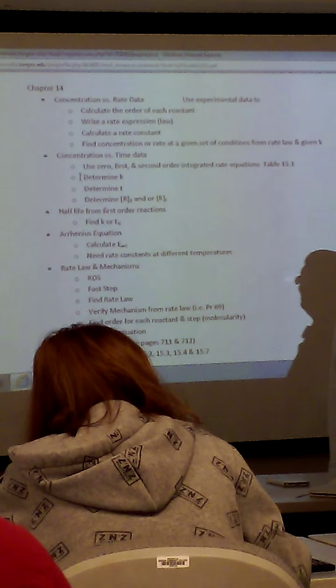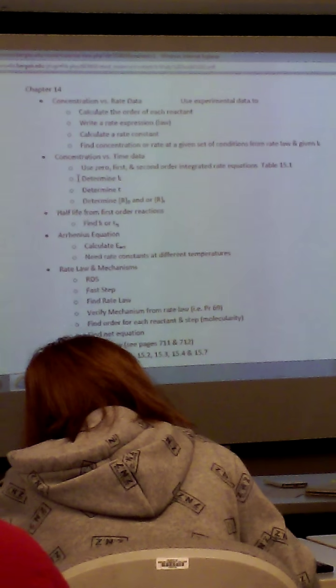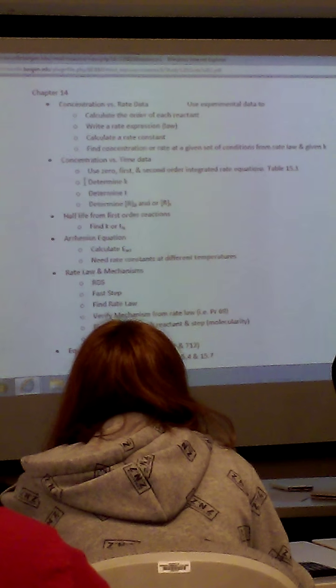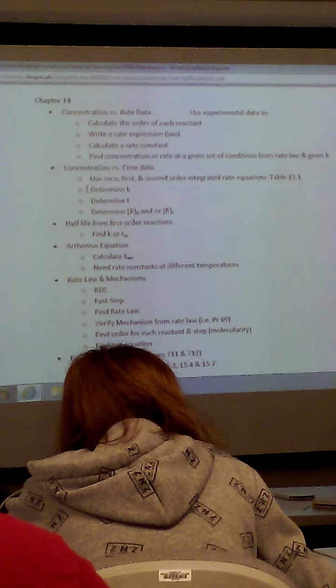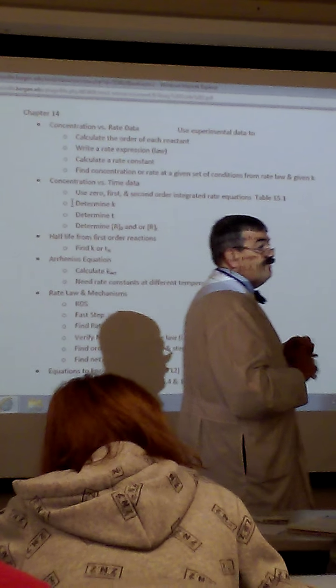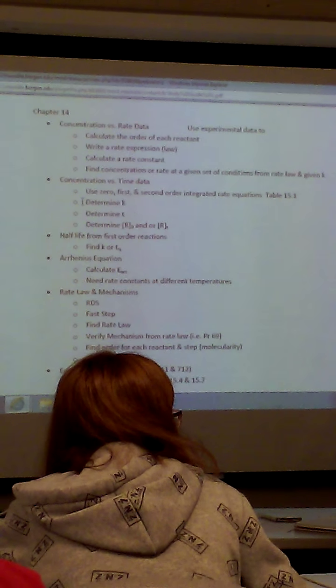All right? Concentration versus time data. Notice it says table 15.1. It's probably 14.1 when you look at the book. All right, 14.1, they talk about the integrated rate expressions for zero order, first order, and second order. You just gotta know them.